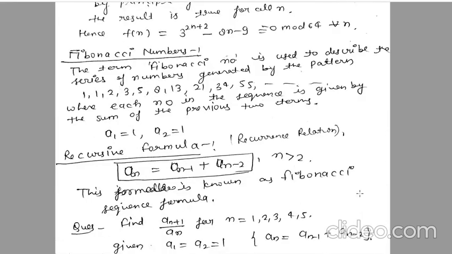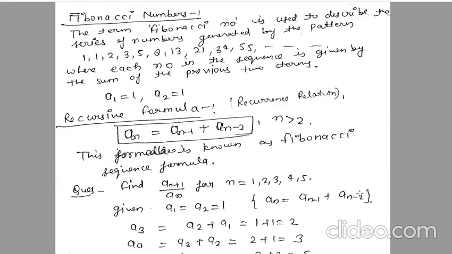Now Fibonacci series. I will discuss more examples related to congruence, but I just discussed a little bit about the Fibonacci series. The term Fibonacci number is used to describe the series of numbers generated by a pattern, right?